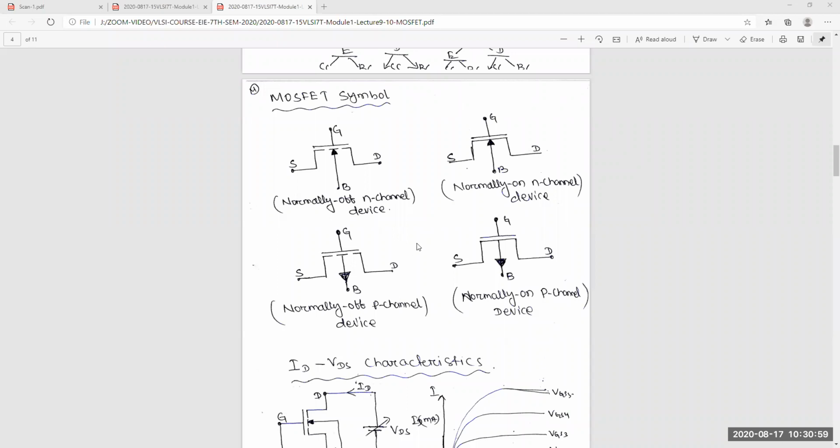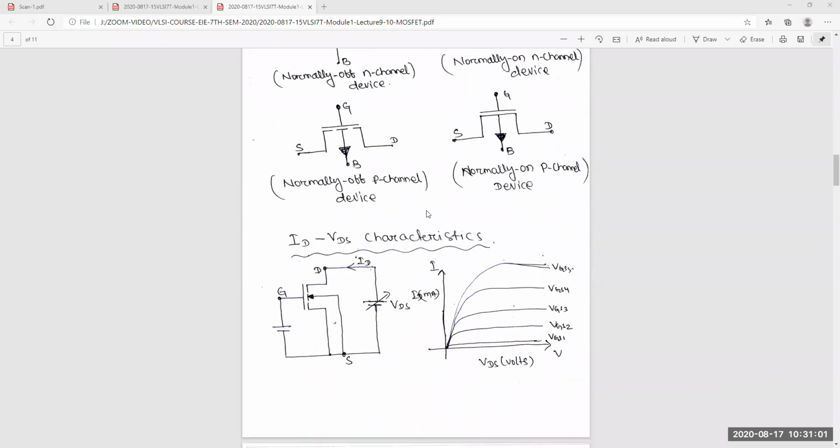So now directly we'll go to the ID VDS characteristics curve. Here in the first slide we discussed the biasing arrangement, and this is the ID VDS curve. The important thing is that in practice we take the reference as source.